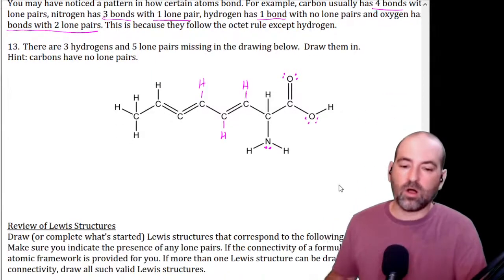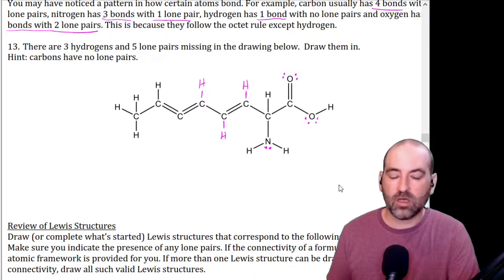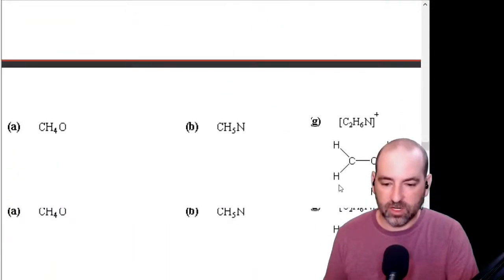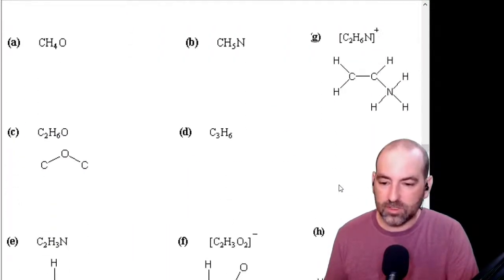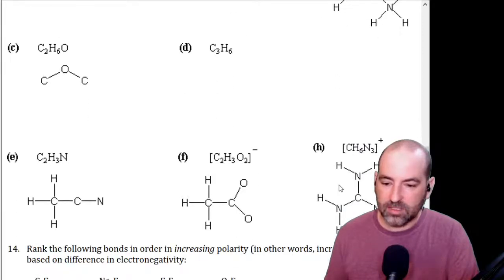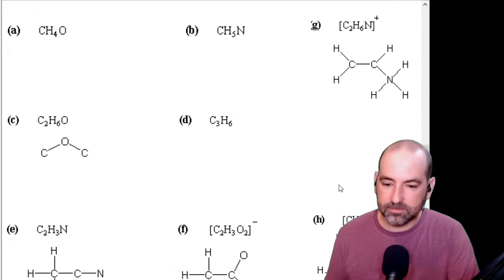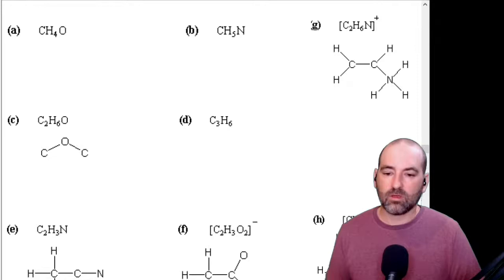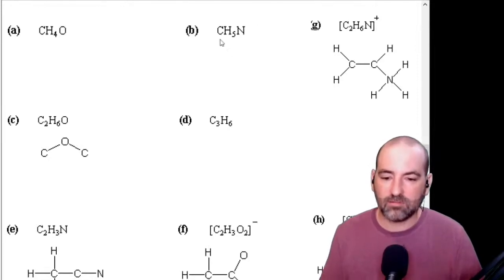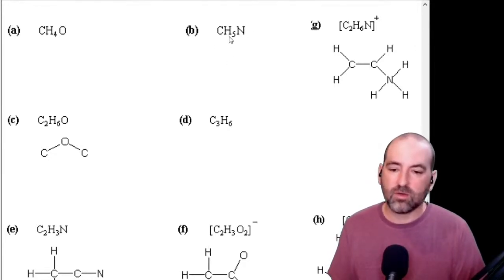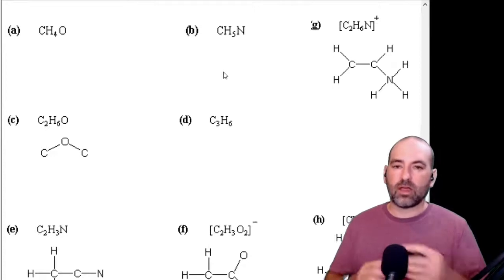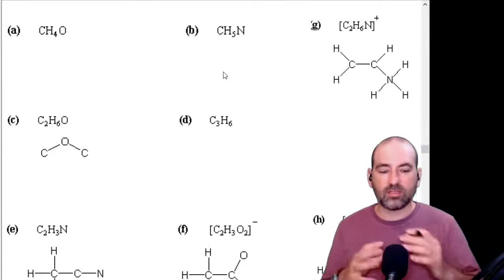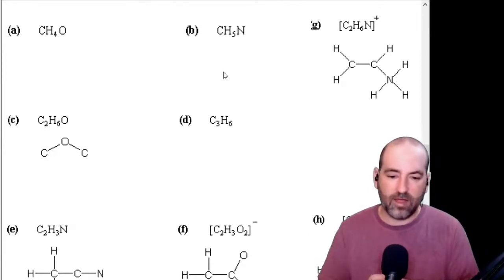And then we can also use these assumptions to build bigger structures. So for example, let's look at something like CH5N. Now we could do this the old way. We could count up all the electrons and do all of that.